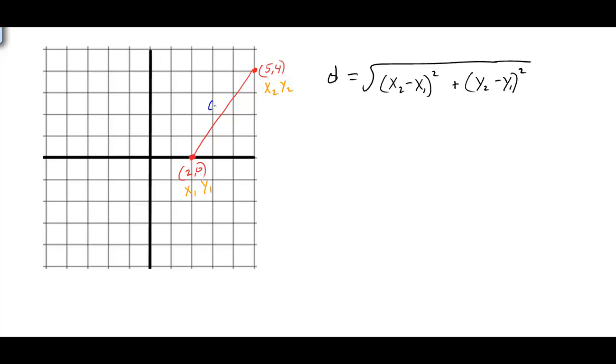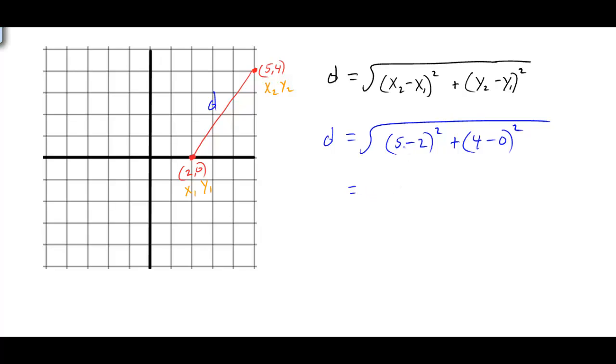So once again, if we're trying to find the distance between these 2 points, we're going to take the square root of our x sub 2, which is 5, minus x sub 1, which is 2, that is squared, plus y sub 2, which is 4, minus our y1, which is 0, squared.